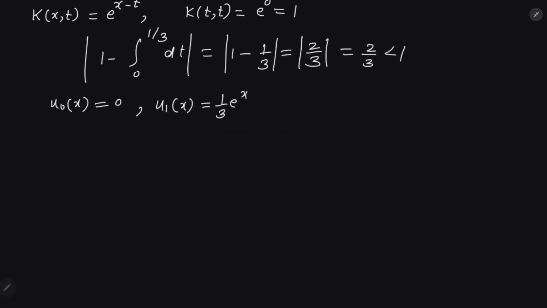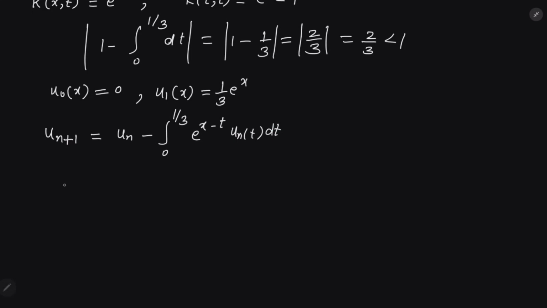The next value can be obtained as u(n+1) is equal to u1 minus integral 0 to 1 of 1 by 3 e raised to power x minus t u_n(t) dt. That's what we have over here. So what we do, we put all the values. For example, n is 0. You see that we have two guesses in the first step, u naught and u1. When you put n equal to 0, you will get u1.